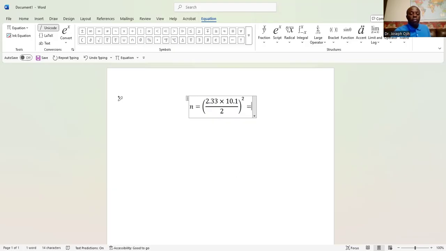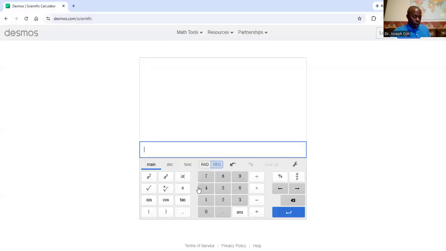So let's go and put this in the calculator. 2.33 times 10.1 over error, which is 2, squared, 138.45.